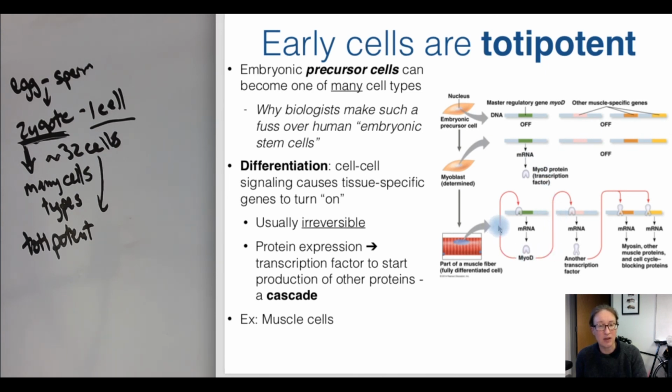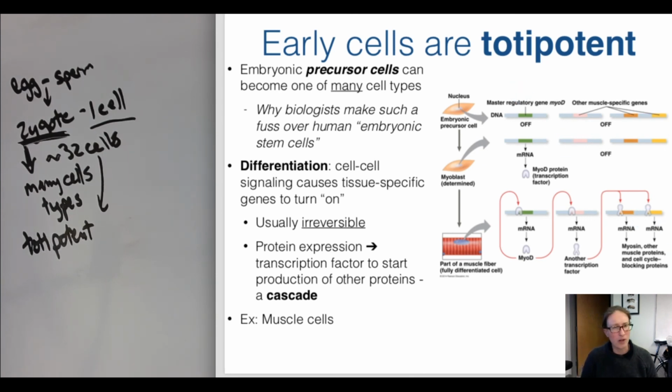So this is actually showing that it's enhancing production of more MyoD, and then it's also enhancing production of some other transcription factor here. We don't know what it's called. And that other transcription factor is going to turn on a whole bunch of additional genes that are associated with becoming a muscle cell. So that's an example of one of these developmental cascades.